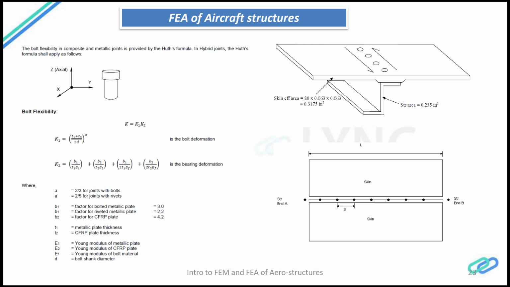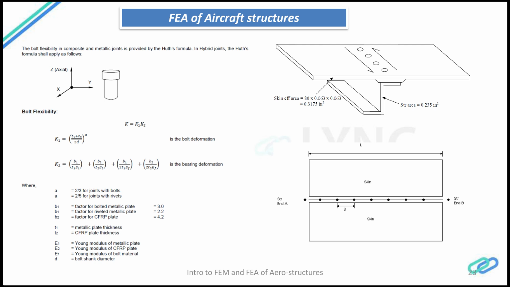For these connections between the skin panel and the stiffener, one has to define the stiffness at those connection points. As I mentioned earlier, whatever stiffness values you define should be backed up by calculations and engineering judgment.